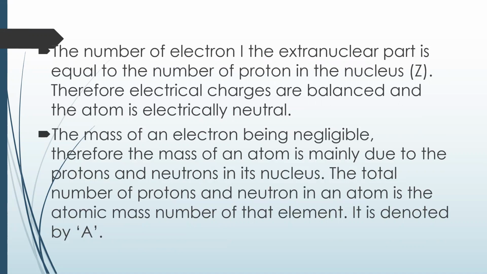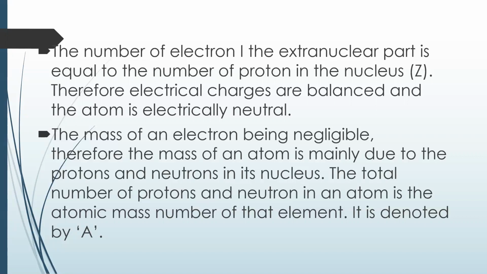The mass of an electron being negligible, the mass of an atom is mainly due to the protons and neutrons in its nucleus. The total number of protons and neutrons in an atom is the atomic mass number of that element.